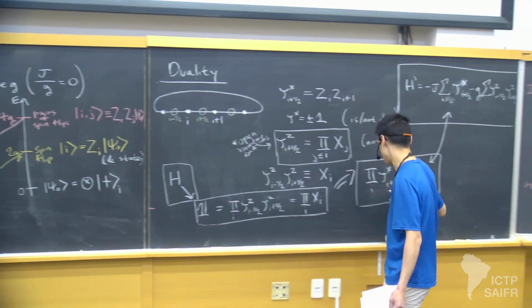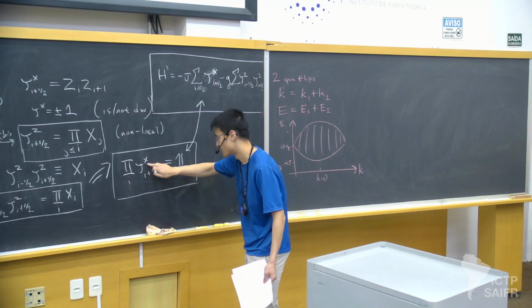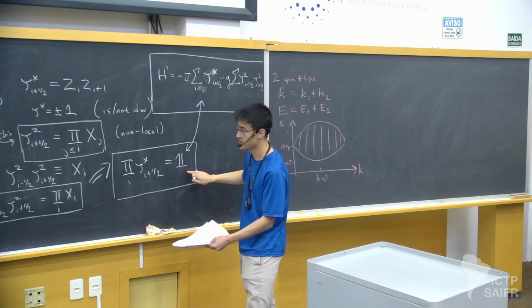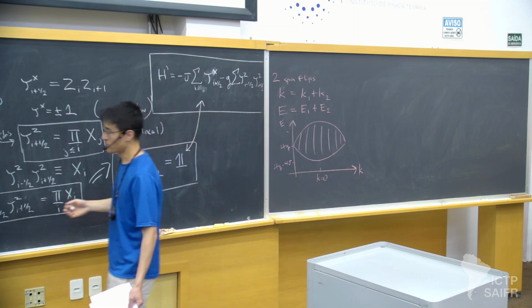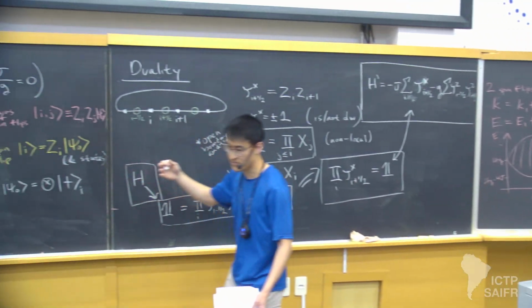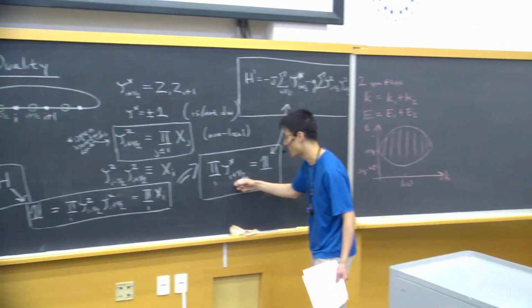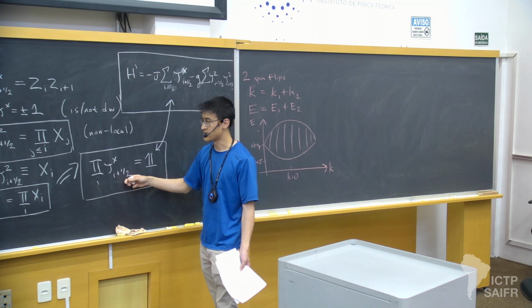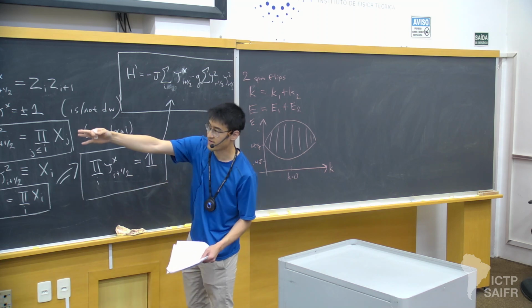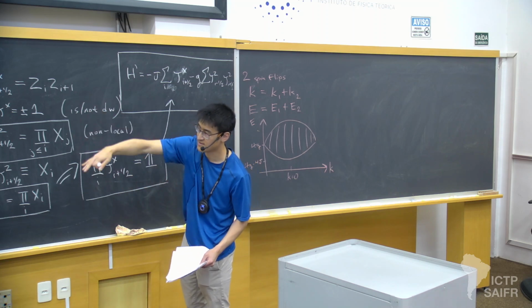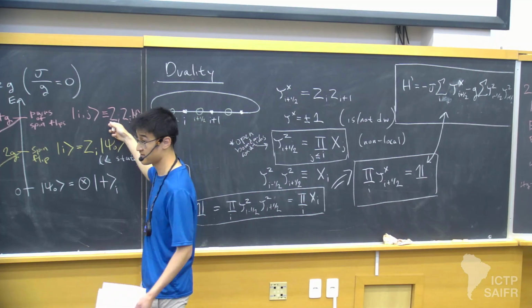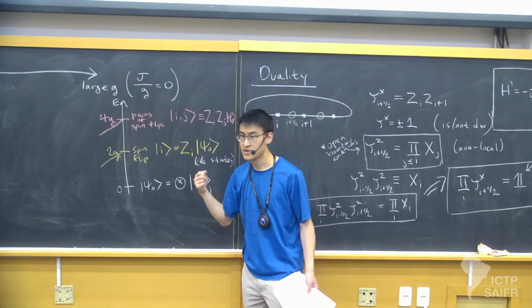But recall that I have this constraint that the product of tau x is 1, right? And so a single spin flip excitation of tau would violate this constraint, right? So basically, the domain wall excitations on the left side map to pairs of spin flip excitations in the tau language, right?